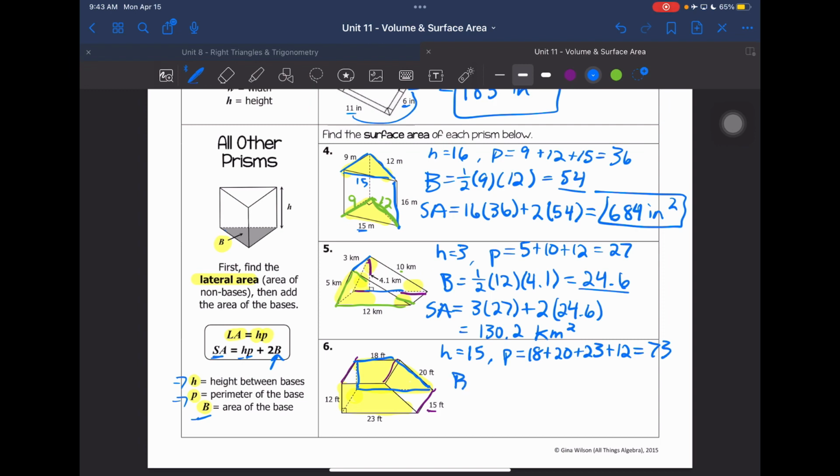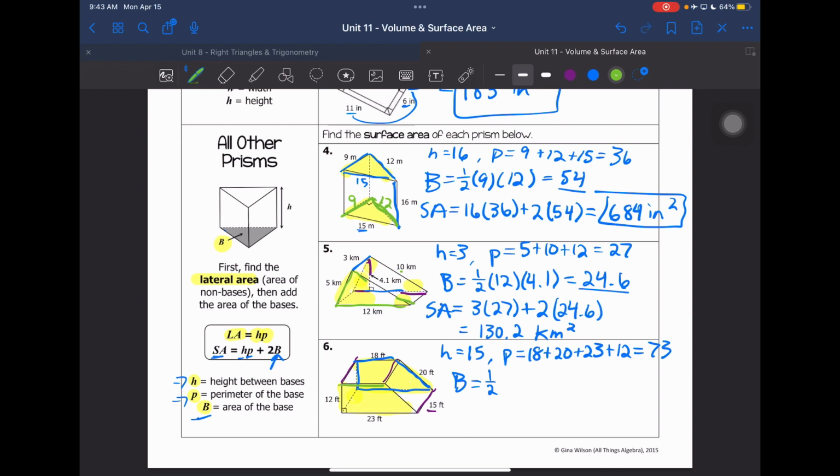And now we can focus on finding the area of the base. Well, since the base is a trapezoid, we're going to need to remember what that formula is. It's going to be 1/2 times height, and then parentheses base 1 plus base 2. So this is, again, an opportunity that you have to notice what is the difference between the height of the prism and the height of the trapezoid. The height of the trapezoid is that line that connects our two bases.